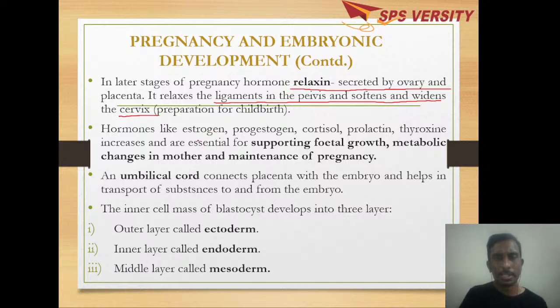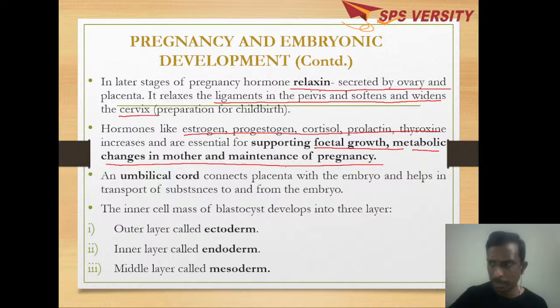And during pregnancy, other hormone levels also increase, that is estrogen, progesterone, cortisol, and thyroxine, which are meant for fetal growth, the metabolic changes in the mother and maintenance of pregnancy. And as I already told, the placenta will form an umbilical cord which connects the placenta with the embryo.